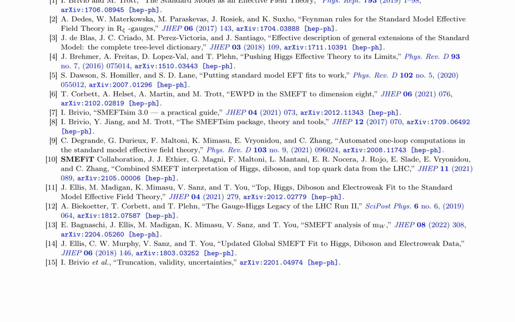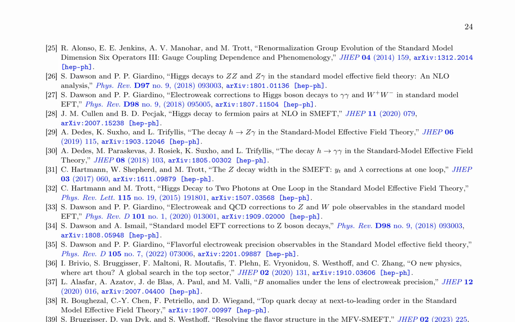The paper emphasizes the importance of considering flavor structure, as certain flavor assumptions can lead to more stringent constraints on the Wilson coefficients. It also discusses the limitations and future directions of the analysis, highlighting the need for a comprehensive treatment of theoretical uncertainties and the importance of incorporating additional experimental data to further refine the constraints on SMEFT parameters.